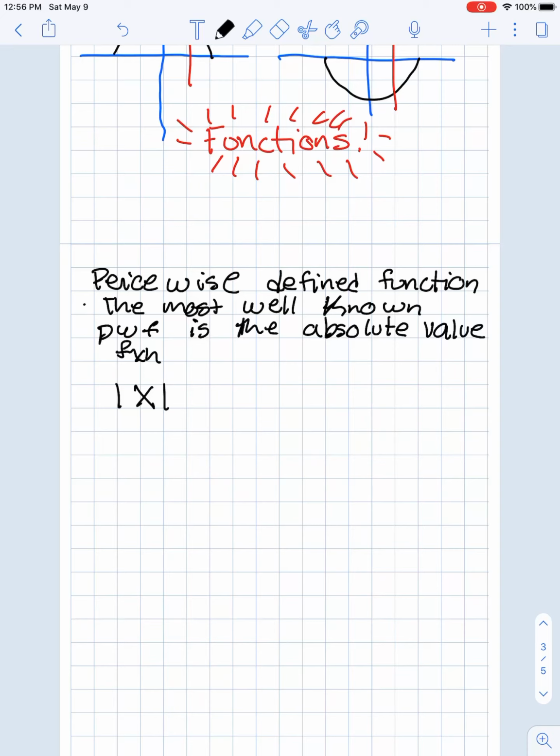Right, if I have the absolute value of x, that's going to equal, usually I have this big bracket, and then I write what it's going to equal and where it's going to equal it. So it's going to equal x when x is greater than or equal to 0, right? If I put in positive 2, what's the absolute value of 2? It's 2.